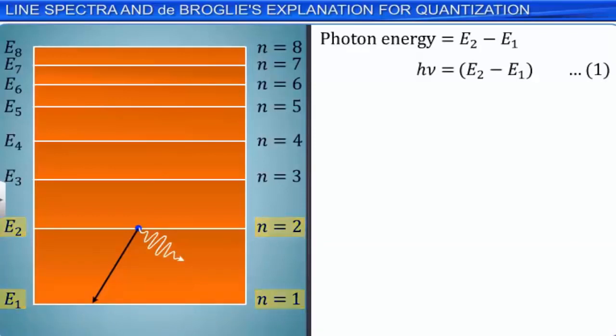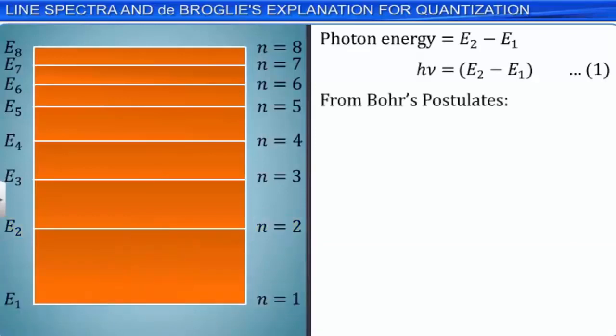We have seen from Bohr's postulates that the energy En of any level corresponding to a principal quantum number n is given as En equal to minus m e to the power 4 by 8 n square epsilon naught square h square.